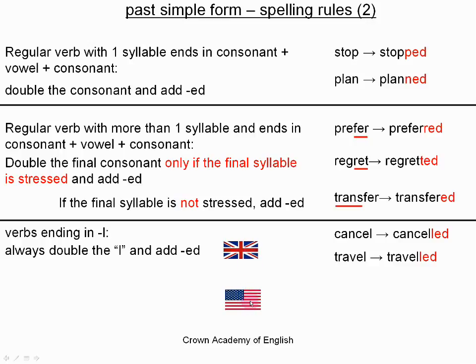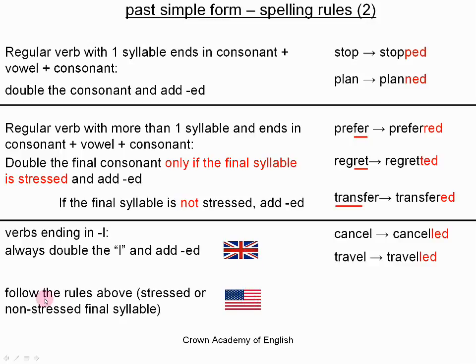But American English, we follow the rules above. So in American English, for a verb that ends in L, we follow this rule here. So we look at the final syllable to see if it is stressed, and if it is, we double the final consonant and then add ed.